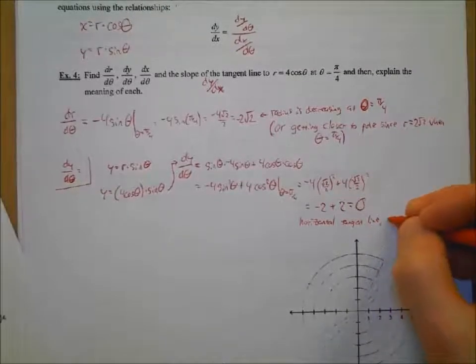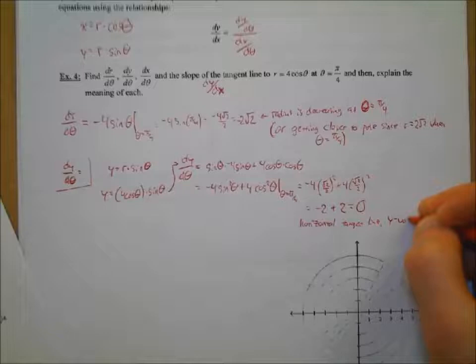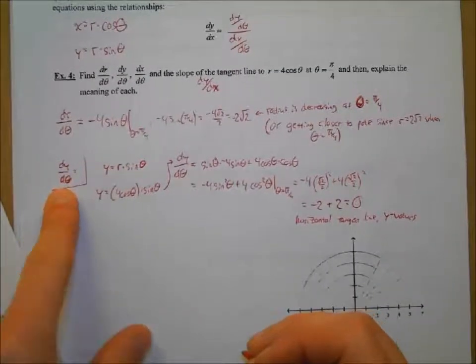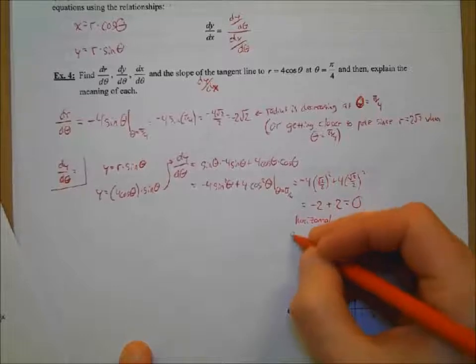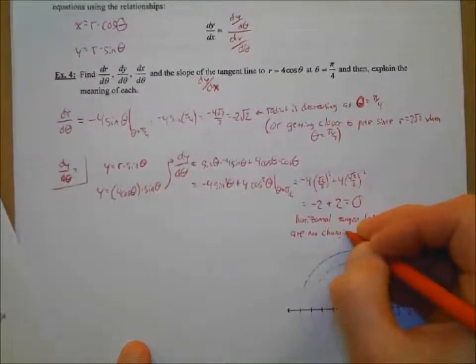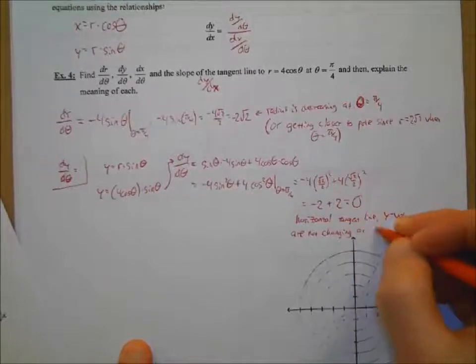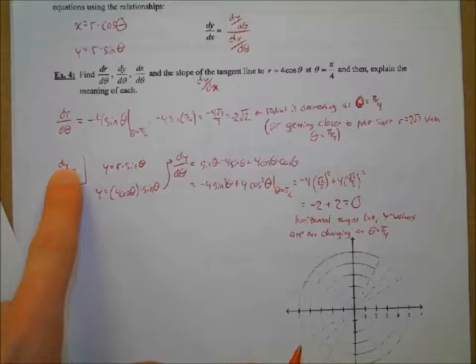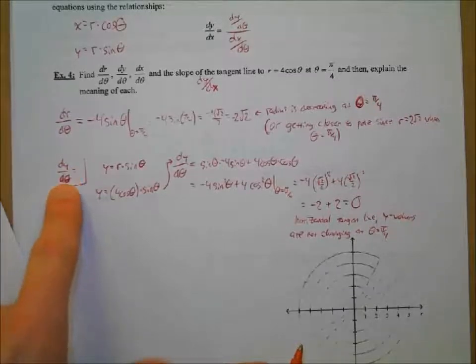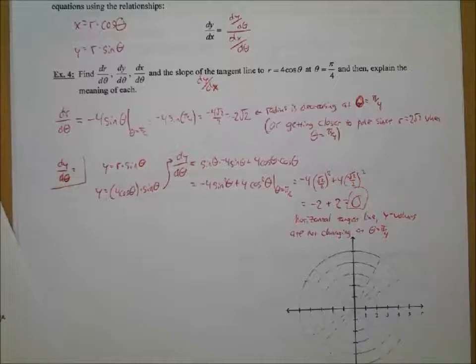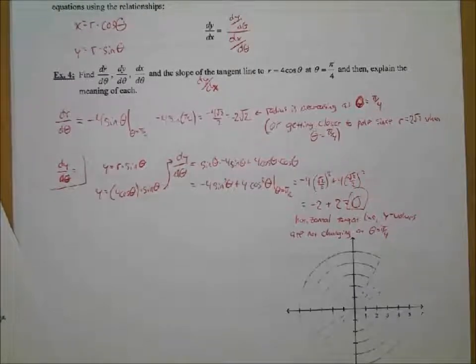And we can also say y values, right, because this is the derivative of y, the change in y with respect to theta, the y values are not changing at theta equals pi/4. The change in y with respect to theta is 0. So we would expect there to be no change in our y values here. And we'll see that actually in a second. We'll actually be able to show that.